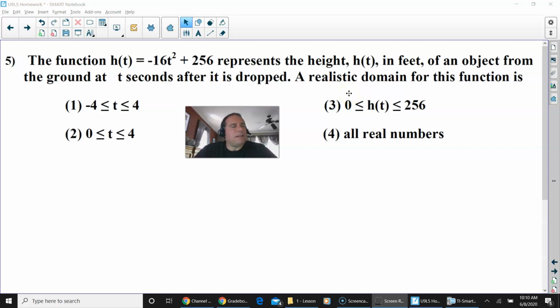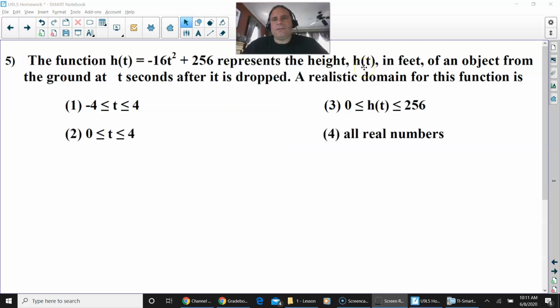Is the domain the x values or the y values? Remember, the domain is the x values, the range is the y. So we're looking for a realistic domain, talking about the input, right?